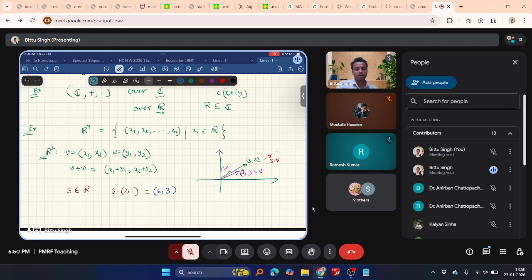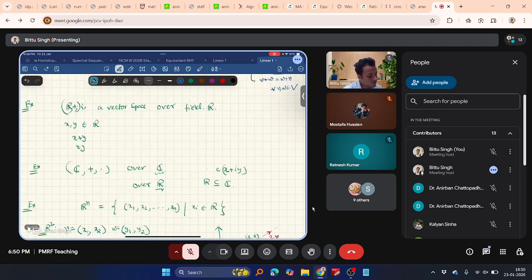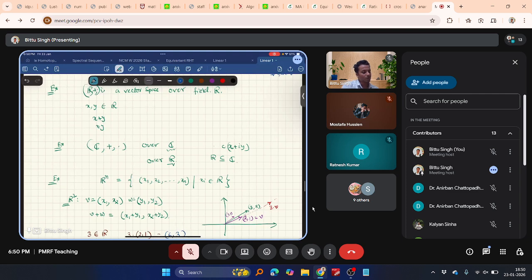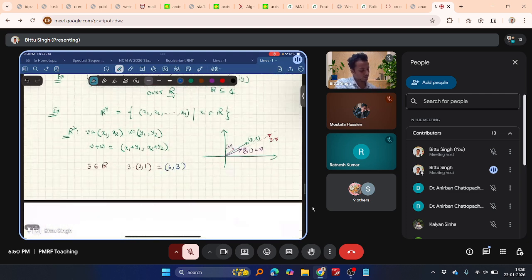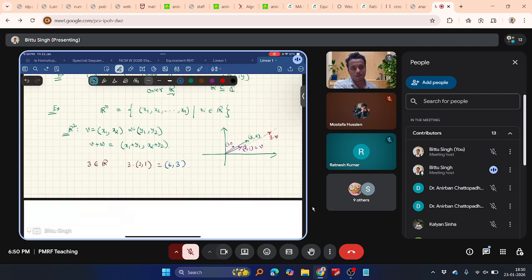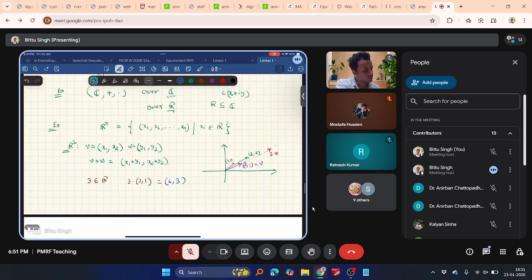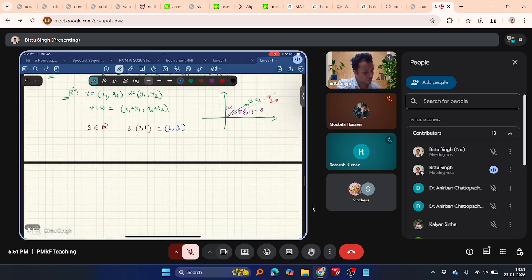So this is the most important example here, and a very useful example also. It is only done in 2 dimensions here, but this generalizes to any n dimension.